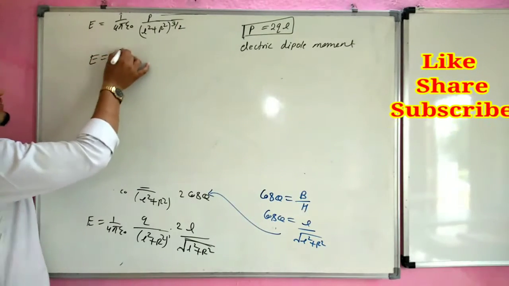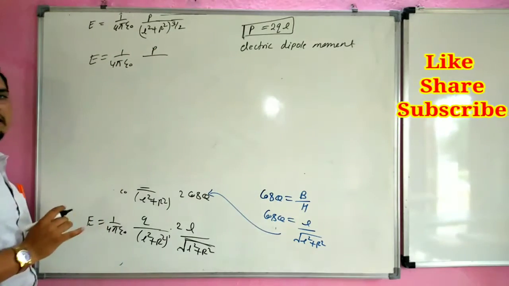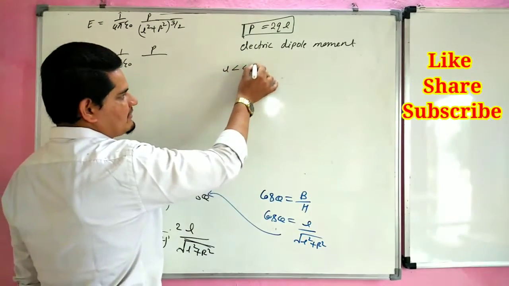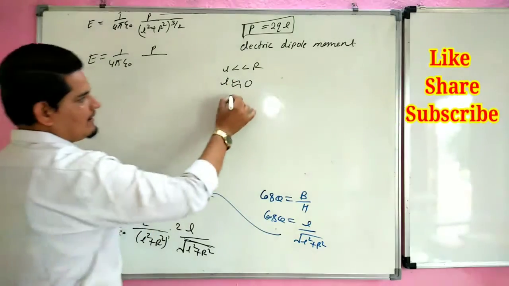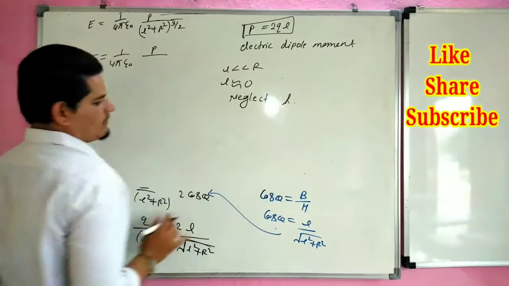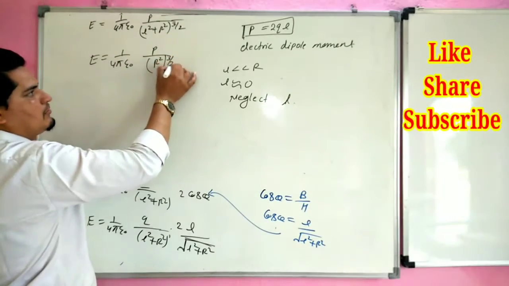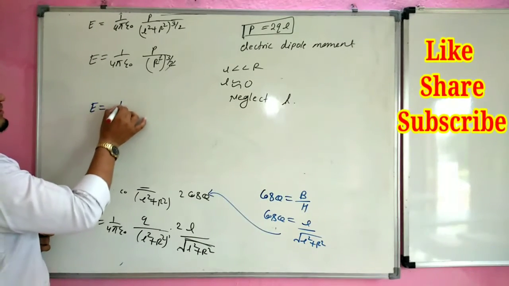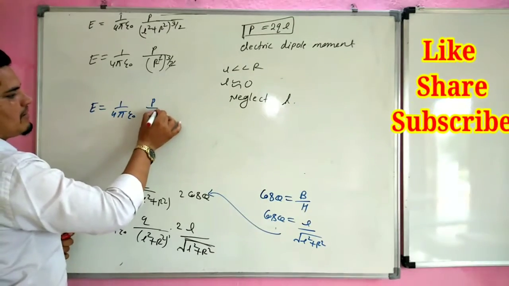So E equal to 1 upon 4 pi epsilon naught P upon... we can neglect L because L is very small as compared to R. So L becomes 0, neglect L. So we can write R square to the power 3 by 2, and this is cancelled. E is equal to 1 upon 4 pi epsilon naught P divided by R to the power 3.